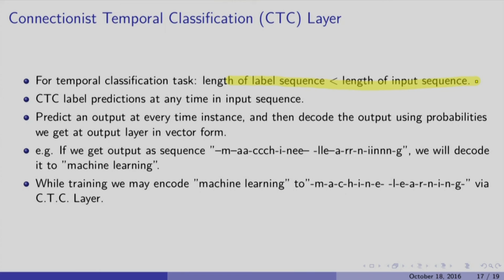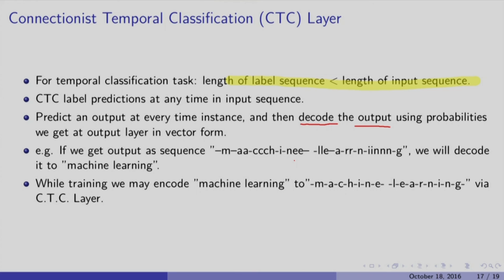The other way of viewing this is that you actually predict the output at every time instance but perform some decoding of the output using probabilities we get at output layer in vector form. As an example, if you get the sequence MAACCC based on some stress that the speaker had on different characters and syllables, you can decode it to machine learning.